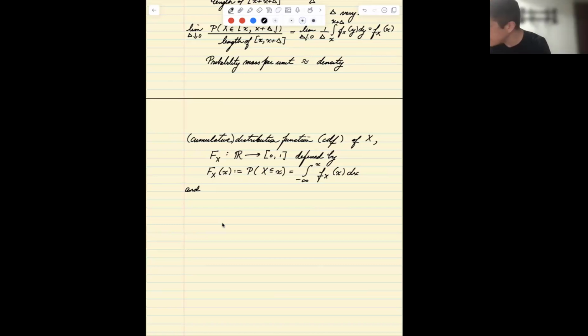The reason is that we can calculate the probabilities of the random variable falling within an interval, so falling between x and little z here. By definition, that's the integral from x to z of the density.